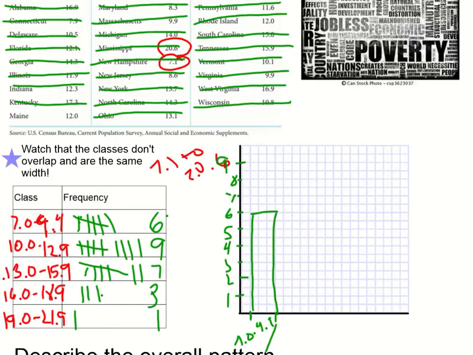That's my first one. And then my next interval is going to go from 10.0 to 12.9. See if I can get this to fit in there.